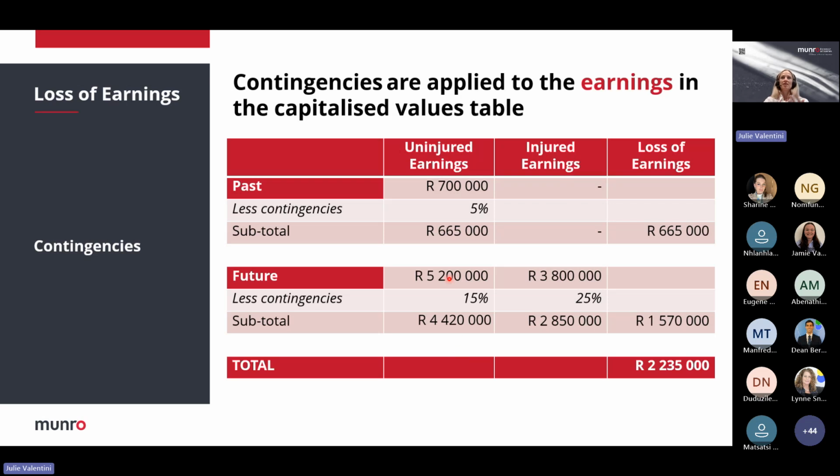So sometimes, if you're working with the uninjured, if you make your contingencies higher, it reduces your loss, but the opposite happens with the injured. And it's the interplay between the two that eventually affects your total loss figure. So it's not always obvious that if you increase contingencies, your loss will increase or decrease in the loss of earnings space.